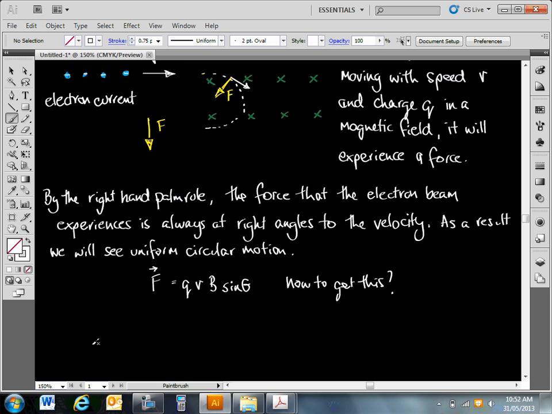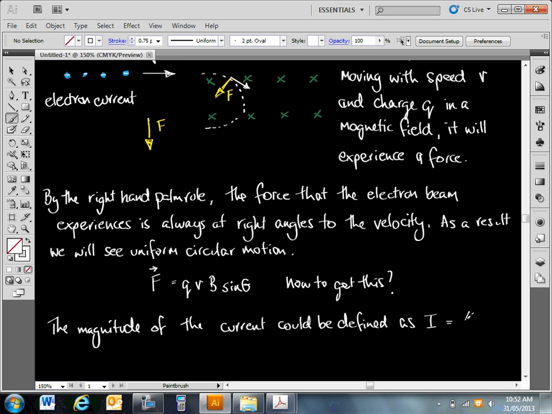Think of the magnitude of the current, which could be defined as I equals the charge per unit time.